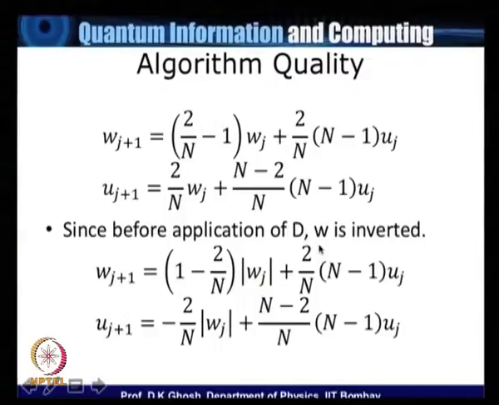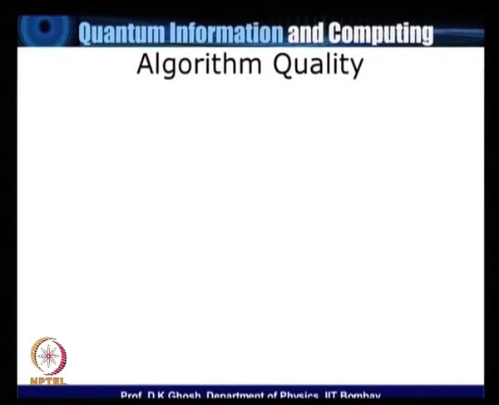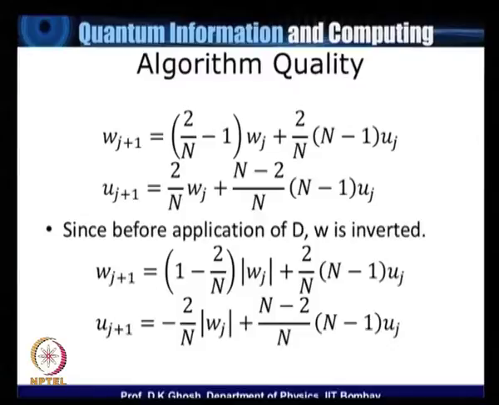Now, when you have done that, you have got a large number of equations, but n minus 1 of those equations are identical, because the contribution of each of the unmarked states remains the same. So, this is basically a pair. This pair of equations is written down here.